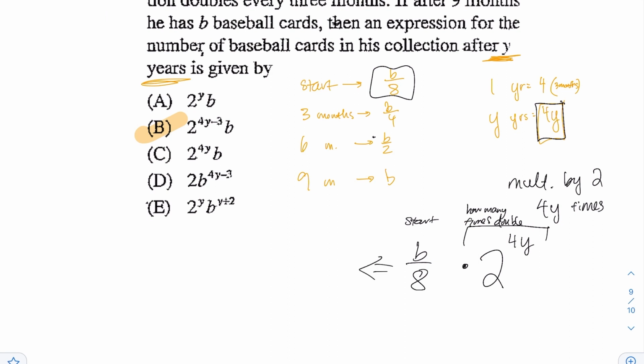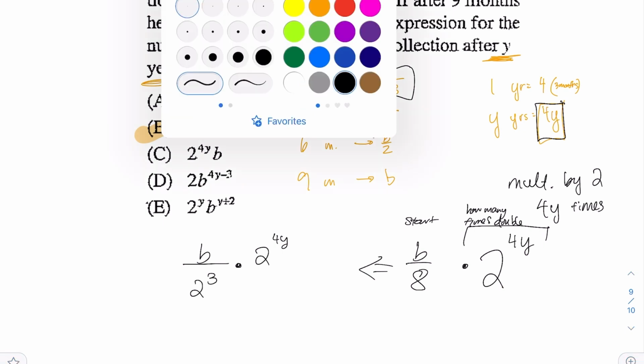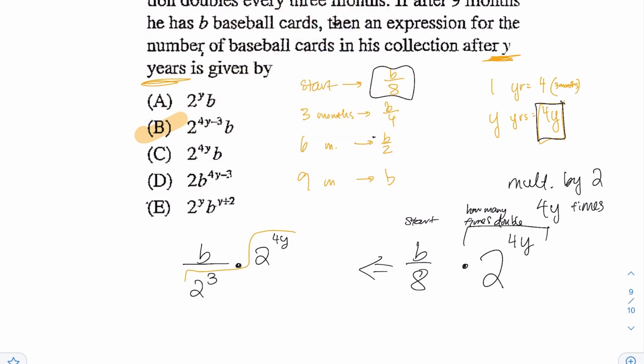So B over 8 is really B over 2 cubed, because 8 is 2 cubed, and you're multiplying by 2 to the 4Y. And you can actually use the law of exponents there, because this is really a fraction. Remember, 2 raised to 4Y is a whole number, so there's really 1 in the denominator. So this is B times 2 to the 4Y all over 2 cubed.